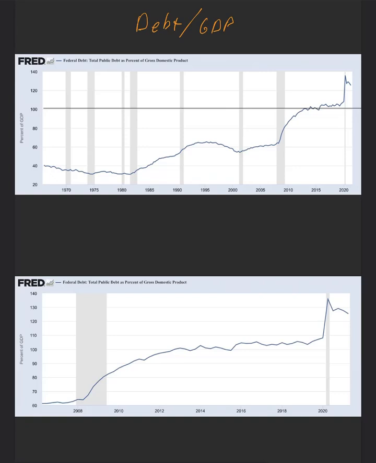So remember, we've got two numbers moving here. You could have this growth in debt, but if GDP grew even faster, debt would fall. And that's what we see here, right? But then as we can go back, look at our recession. Why this climb from 40% to 60%, now this climb from 60% to 100%?